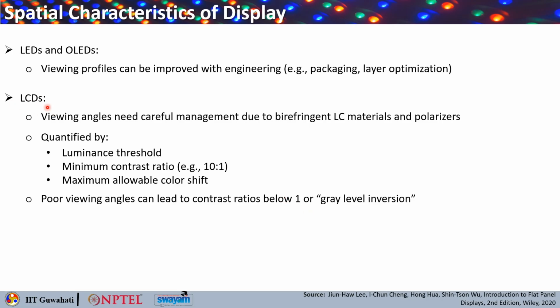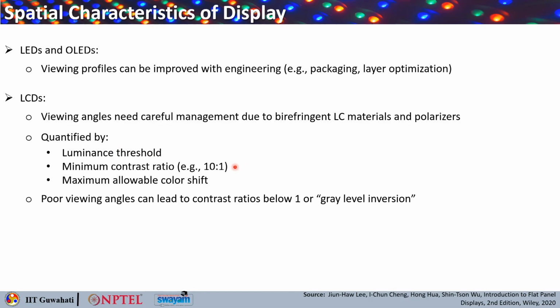Now for LCDs, the viewing angle needs some careful management, and this is because of the nature of the display, because it depends on birefringent liquid crystal materials and polarizers. Here this is quantified by the luminance threshold.